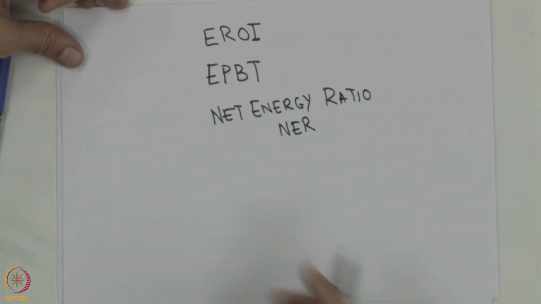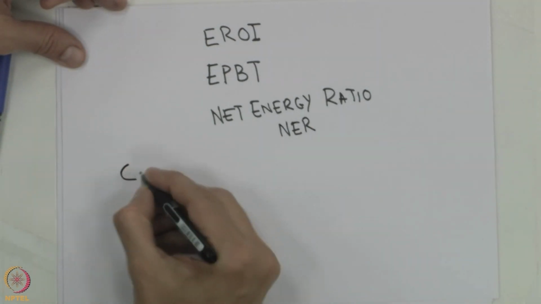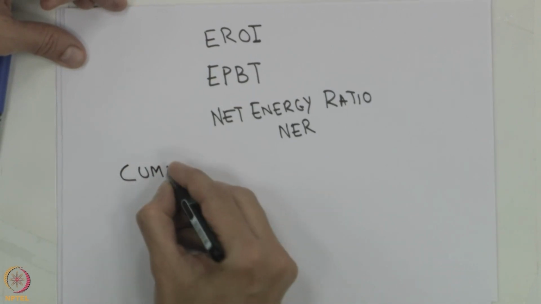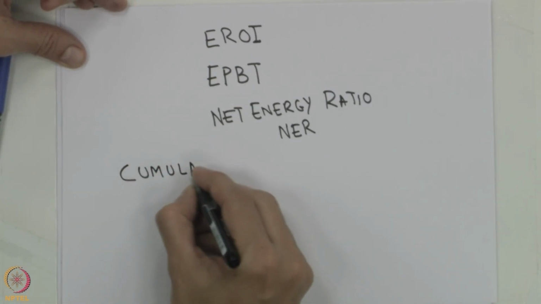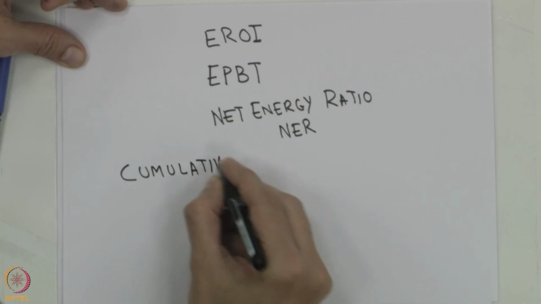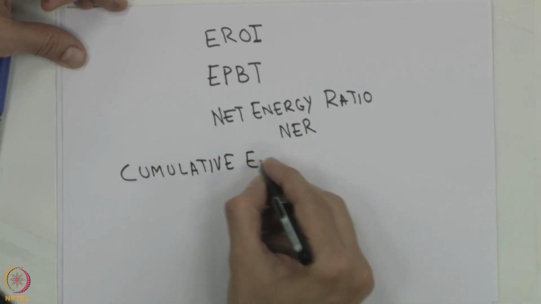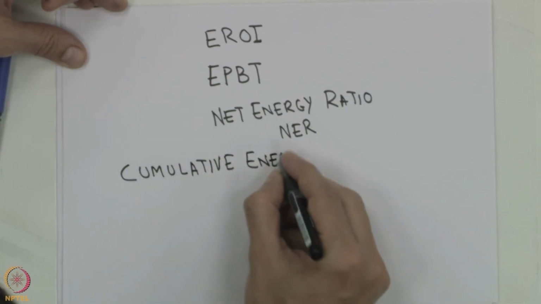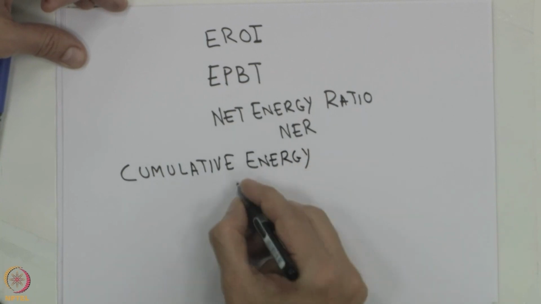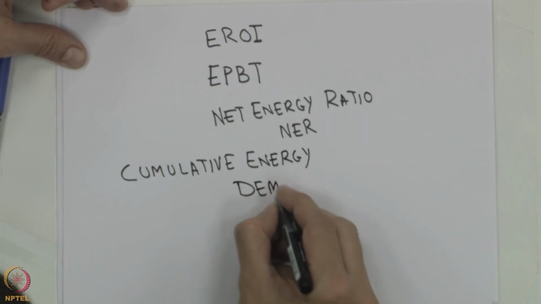In addition to this, there are two other similar indicators which are also used in literature. One is called the cumulative energy demand, and this is often done even for products.